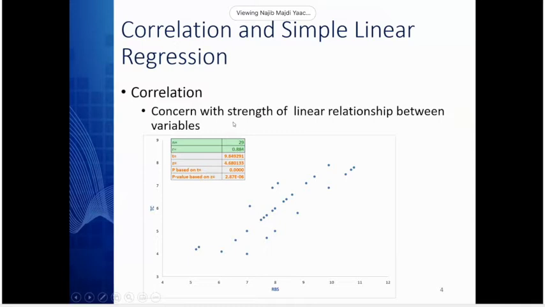Correlation looks at the direction and also strength of linear relationship between variables. For example, here we can see that there's a linear relationship between RBS and total cholesterol, and the relationship is positive. Increasing level of random blood sugar, total cholesterol also increases. So the relationship is linear.